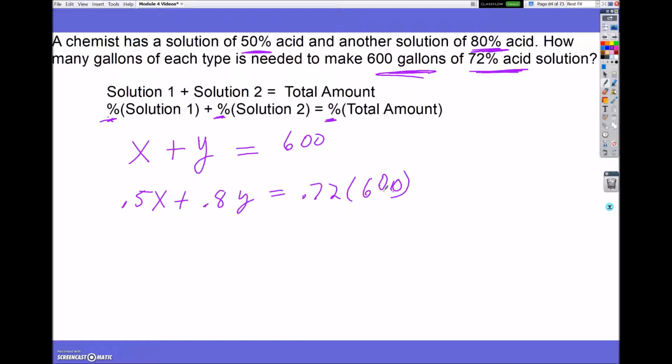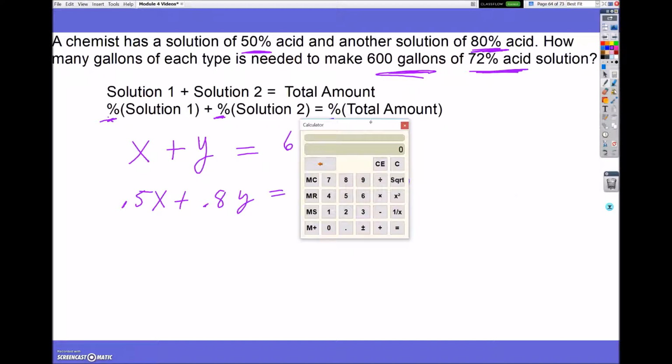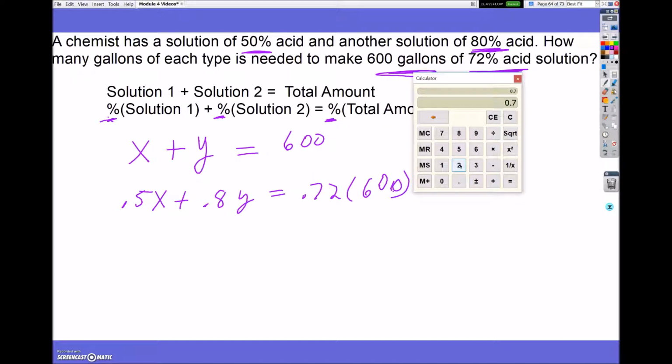So I'm going to do that first by multiplying 0.72 times 600. And I'm going to get 432. And then what I'm going to do is I'm going to multiply each term by 10 because I want to get rid of the decimals. So if I multiply each term by 10, I'm going to have a new equation of 5x plus 8y equals 4,320.